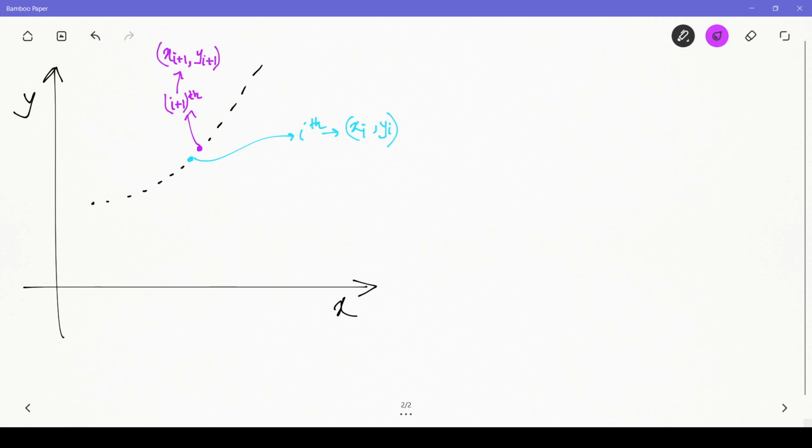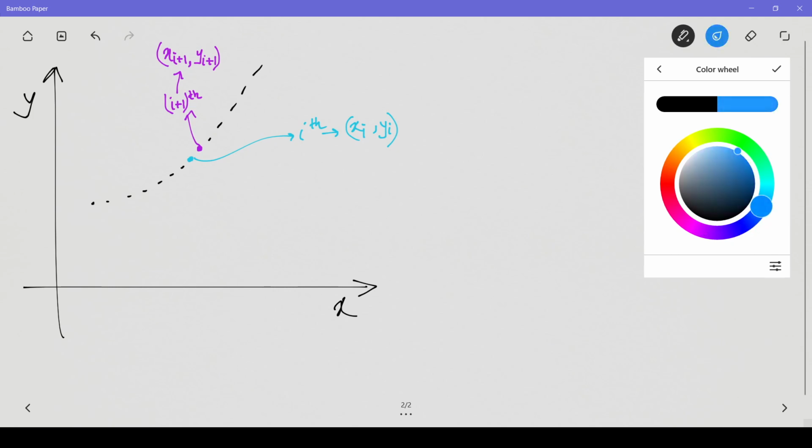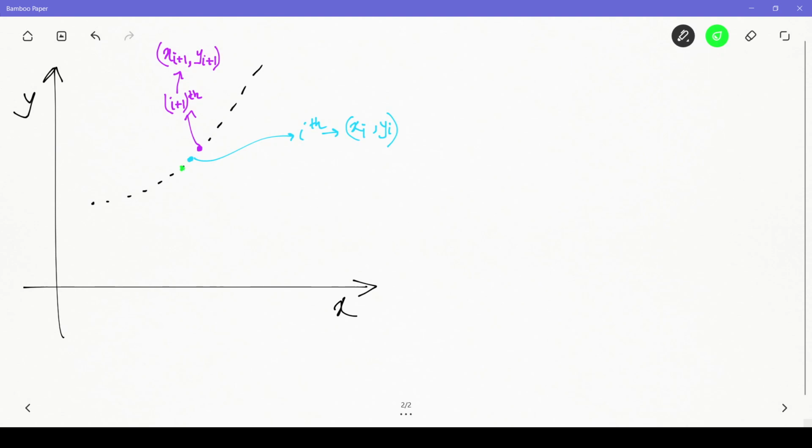And the point preceding my ith point, let's use this color over here, is of course my i minus 1th point, because this is the point before the ith point. It will be denoted using the coordinate x sub i minus 1 comma y sub i minus 1.